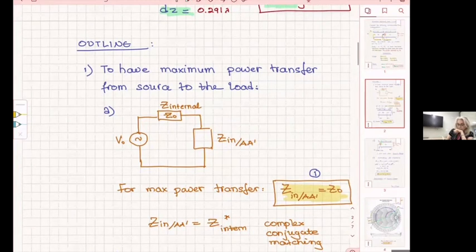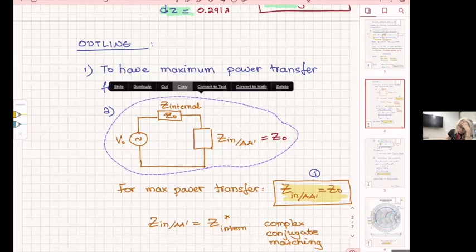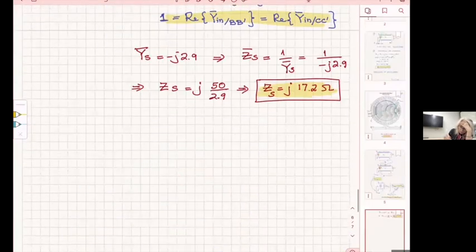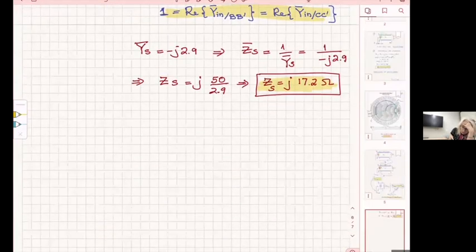We said we were going to make it equal to Z naught. Is that not true? Yes? Okay. So let's take that little circuit and go down, copy. So we go here.